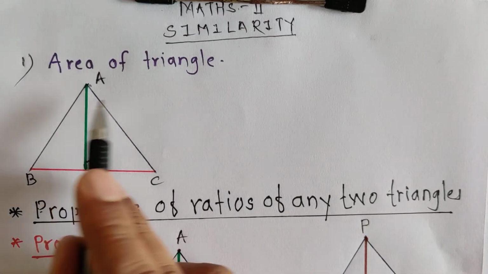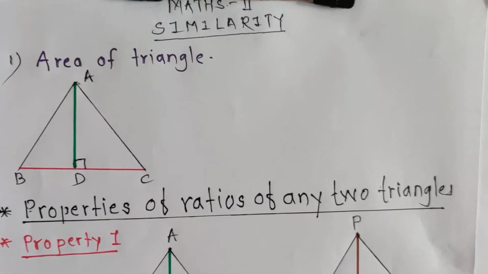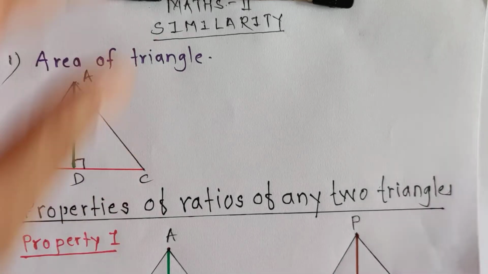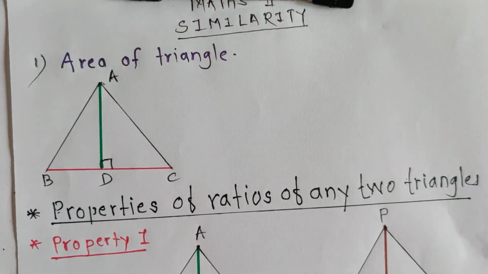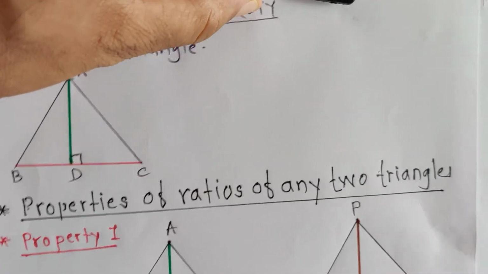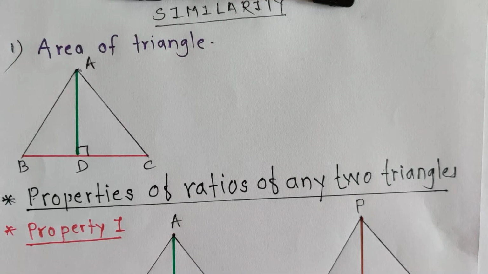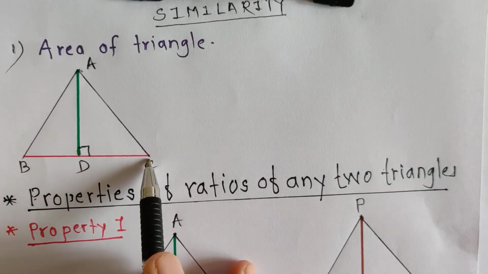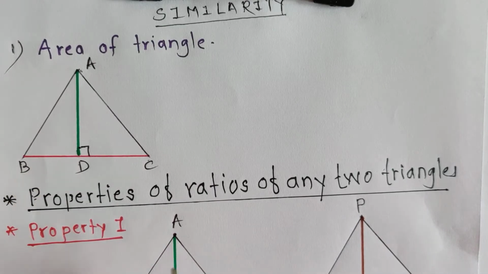Here, if we consider this triangle ABC, shown in the figure, we have to find the area of that triangle. So how will we get the area? Here BC is the base of that triangle and AD is the height of that triangle.